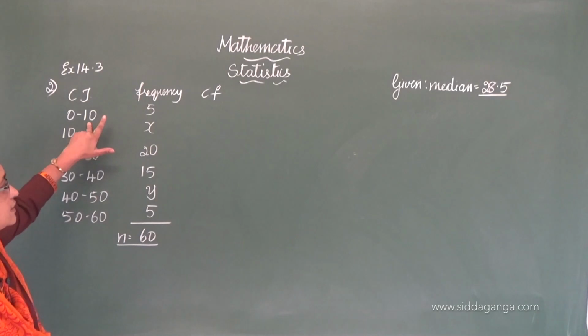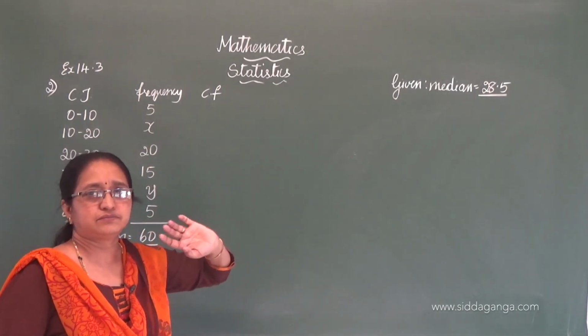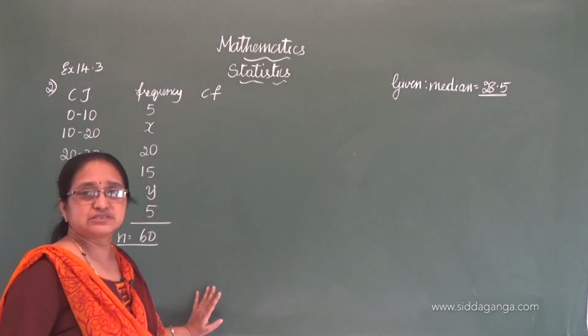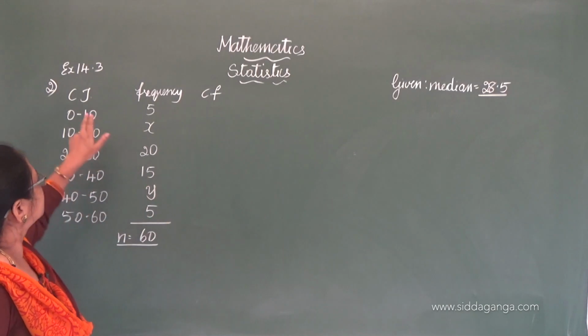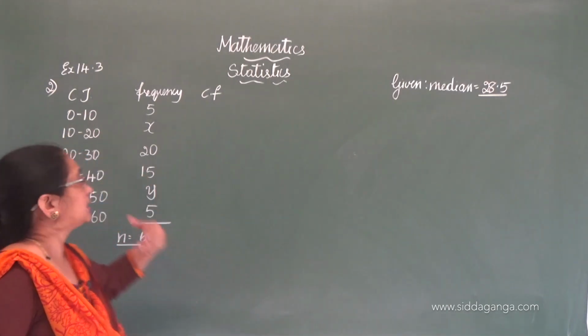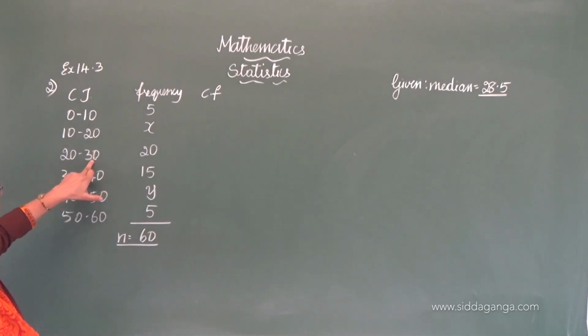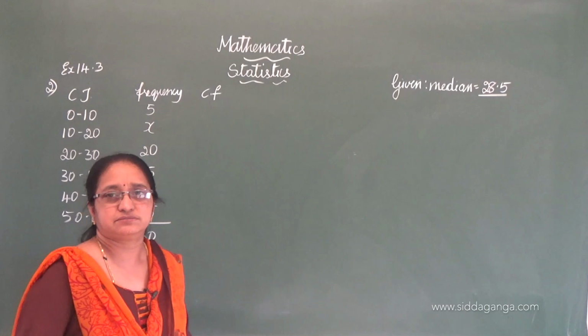So, less than 10, I told you when you take less than cumulative frequency, you have to refer to the upper limit only: less than 10, less than 20, less than 30, less than 40, less than 50, less than 60.